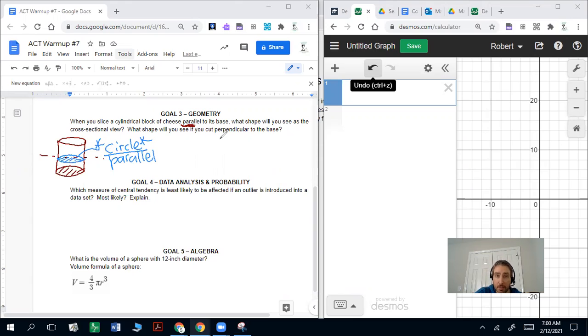Now it says, what shape will you see if you cut perpendicular? Perpendicular is straight up and down. So if I go straight up and down through that, well, I don't see a circle, I see a different shape. I'll show you what that looks like. If I go through that, what ends up happening is you get a rectangle.